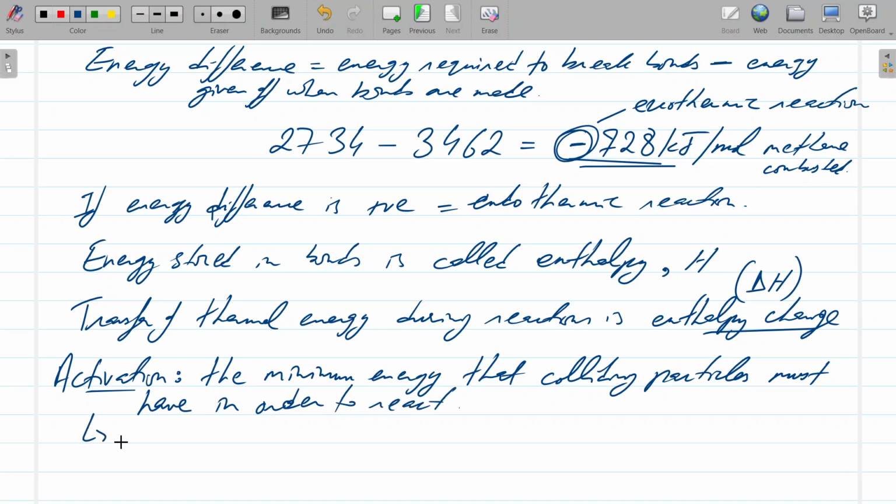And so usually for a reaction to occur, it needs a slight input to start, even if it's an exothermic reaction.